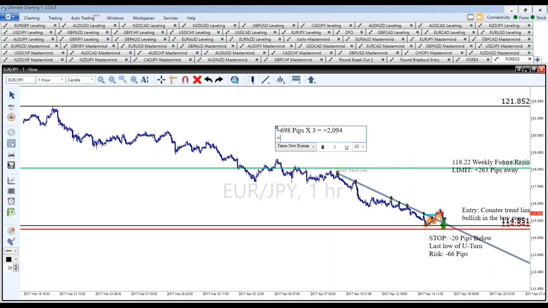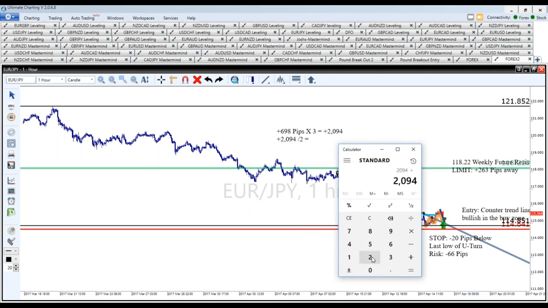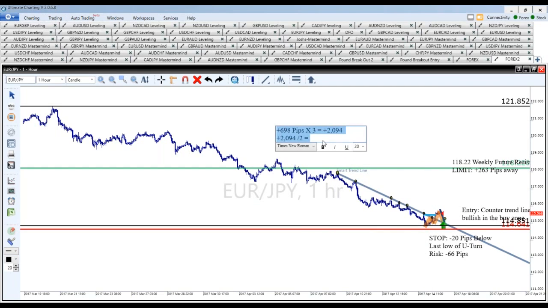2,094. Now we take 2,094 and divide that number by 2, and that is 1047.